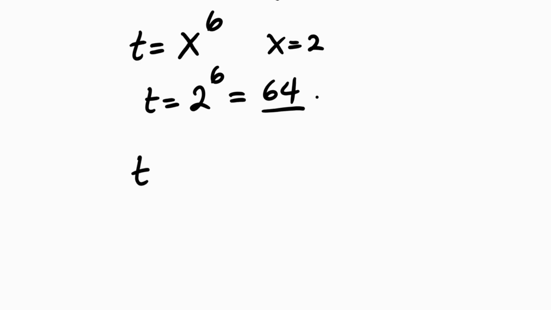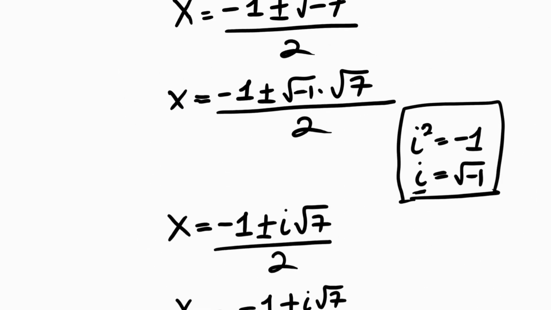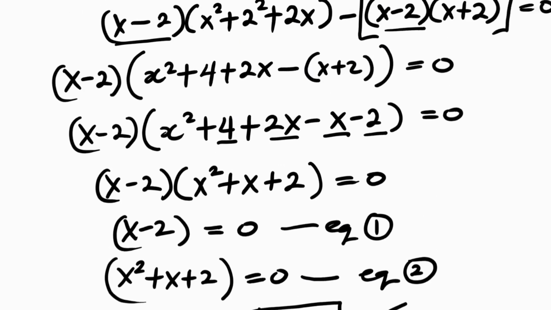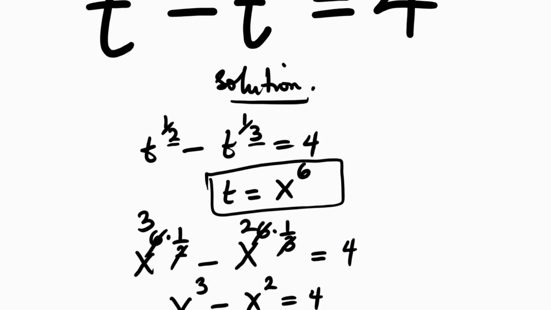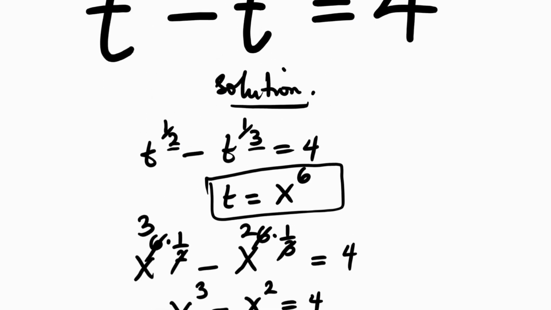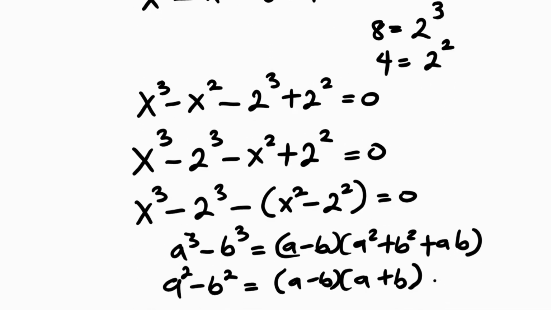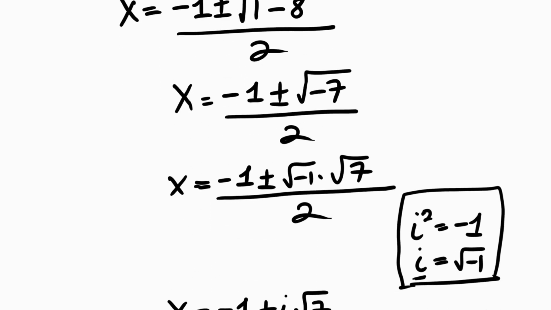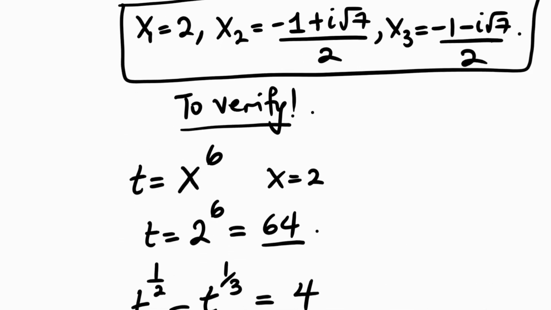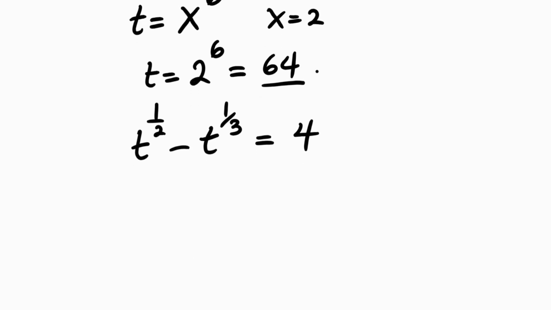It says t raised to the power half minus t raised to the power 1 over 3 is equal to 4. So let's just make sure that that is our question: half and 1 over 3.